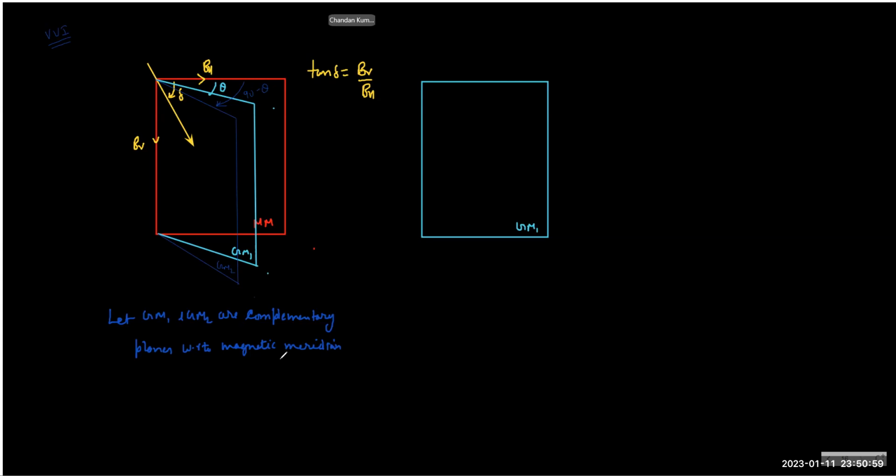Let GM1 and GM2 be complementary planes with respect to magnetic meridian. Okay, so now I can draw it separately.